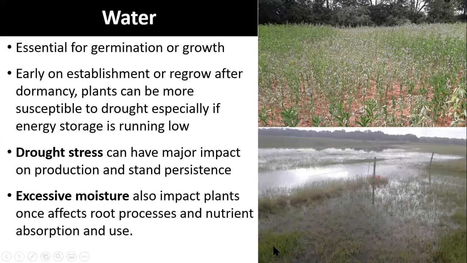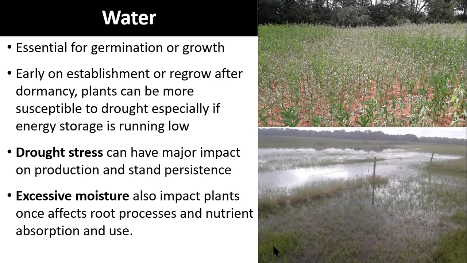Then another nutrient that's really important is water. The reason being that it is important for basic processes such as germination, but also growth.